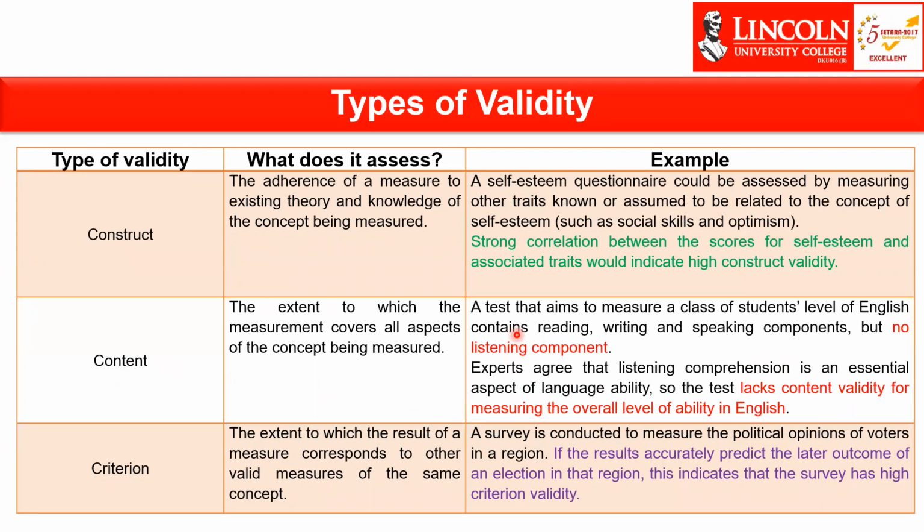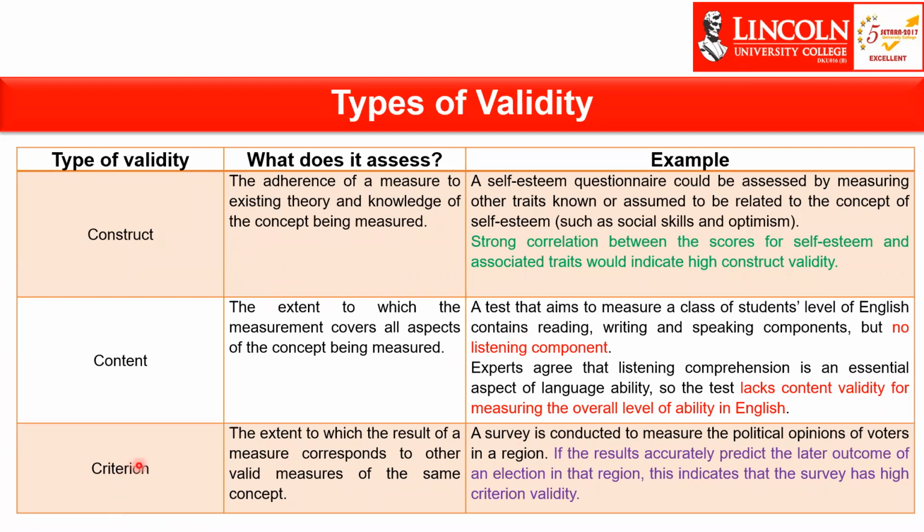So the test lacks content validity for measuring the overall level of ability in English. So if a particular content or component is missing, and that particular component is an essential part of what you are trying to measure, then your measuring tool will be lacking content validity.